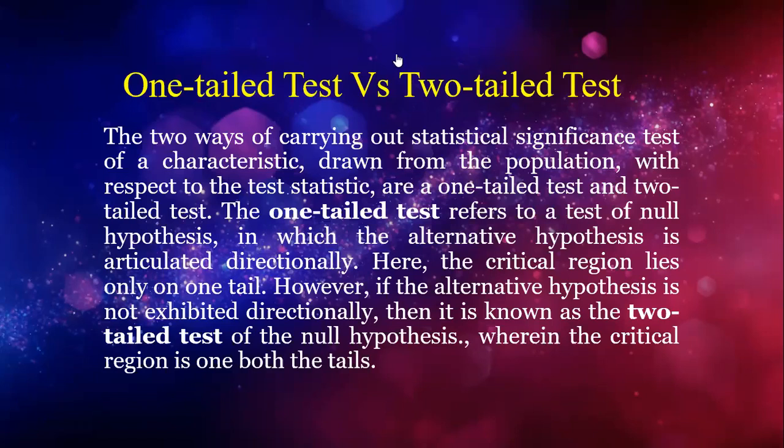We have to write what exactly the null hypothesis is and what exactly the alternative hypothesis is. Then the second step is to decide the significance level, or the confidence level in our result.